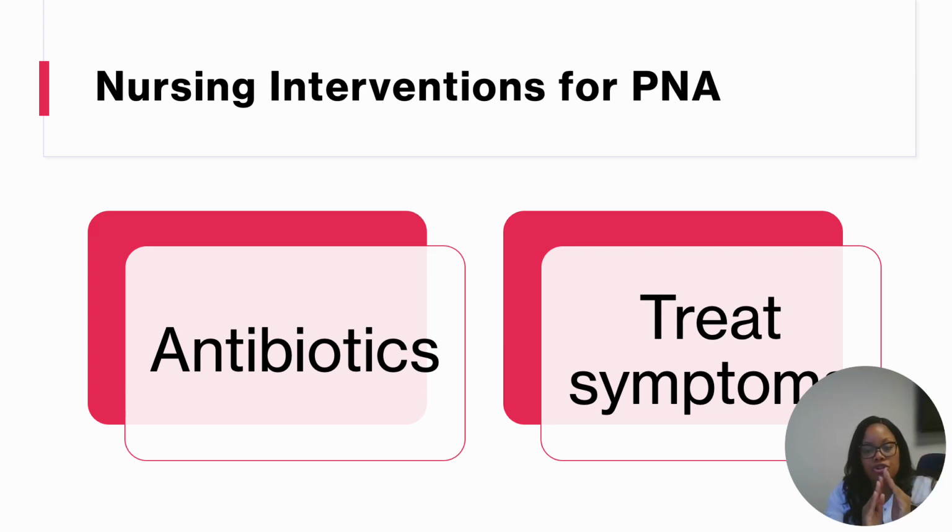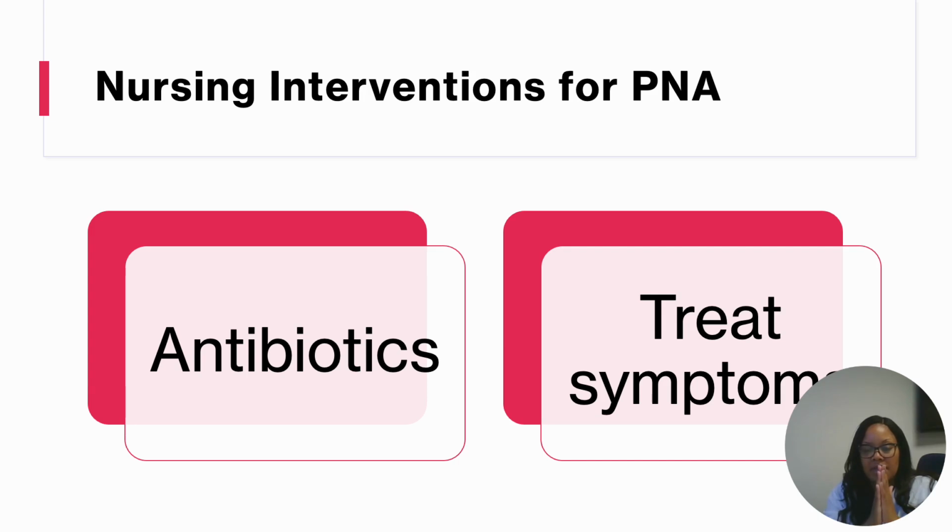Now, how are you going to treat pneumonia? It's treated with antibiotics. So a patient will be on IV antibiotics for a couple of days, then the doctor will transition them to PO antibiotics and they'll be discharged, they'll be good to go home. So antibiotics, right? But then we want to treat the symptoms.